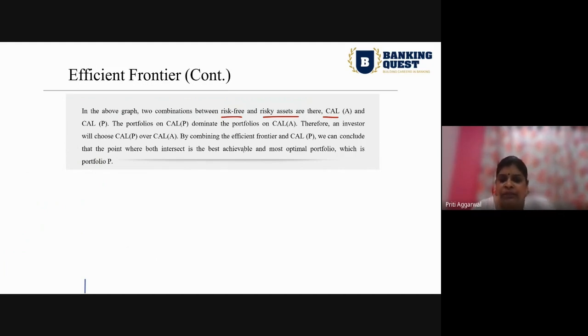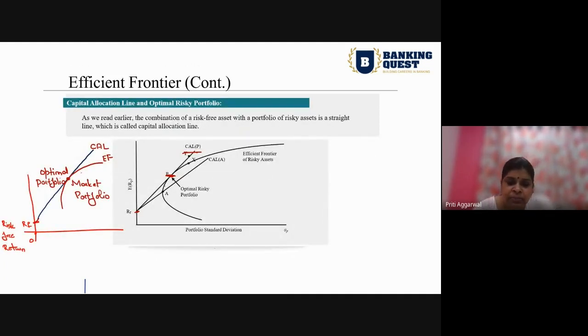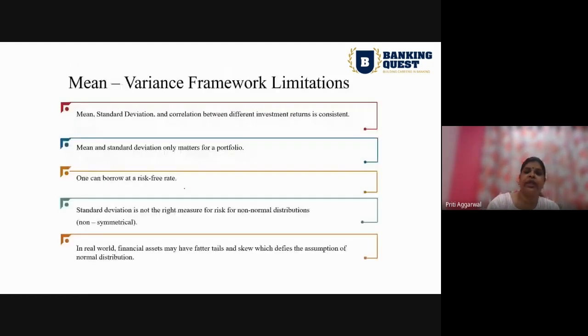So by combining the efficient frontier and the CAL P, we can conclude that the point where both intersect is the best achievable and optimal portfolio, right? That is the portfolio point. In this case, the portfolio where the intersection is happening is the optimal portfolio, and it is also referred to as your market portfolio.